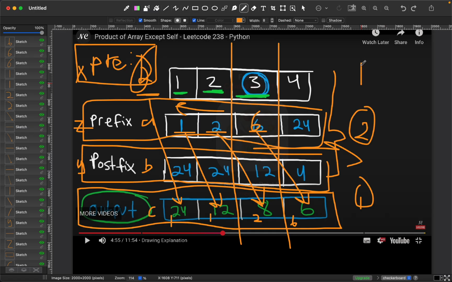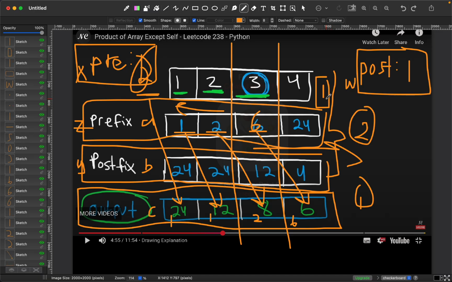Then we move on to the post. So we have imaginary 1 over here.